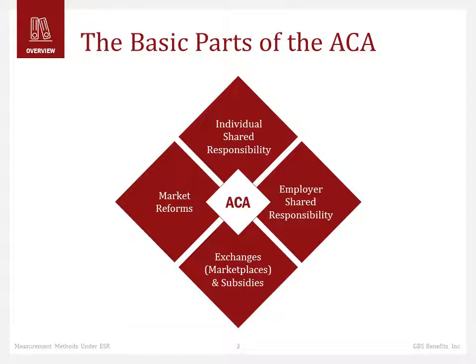So today we're not talking about those, but here's a plug for understanding that you need to be aware of those as well, and we will have a seminar on that in the future. We've done them in the past, and we'll bring that up again soon. So that's the four parts of the ACA. Today we're focusing on just employer shared responsibility.